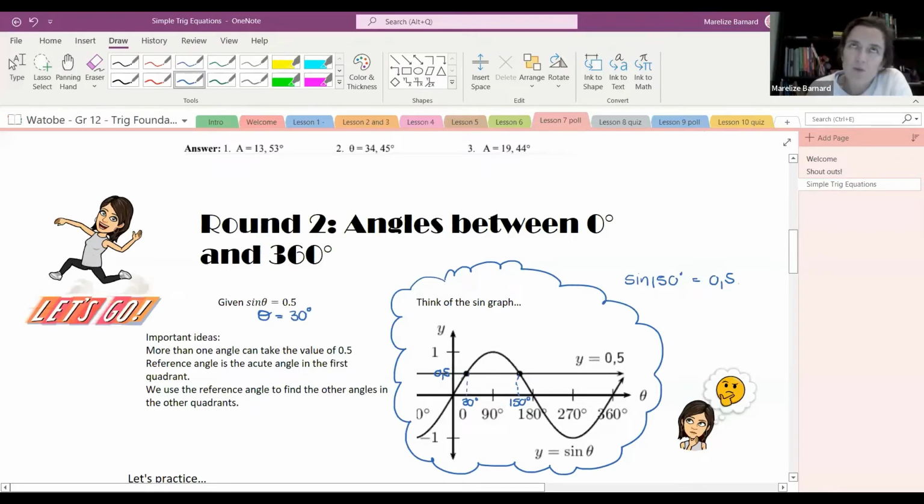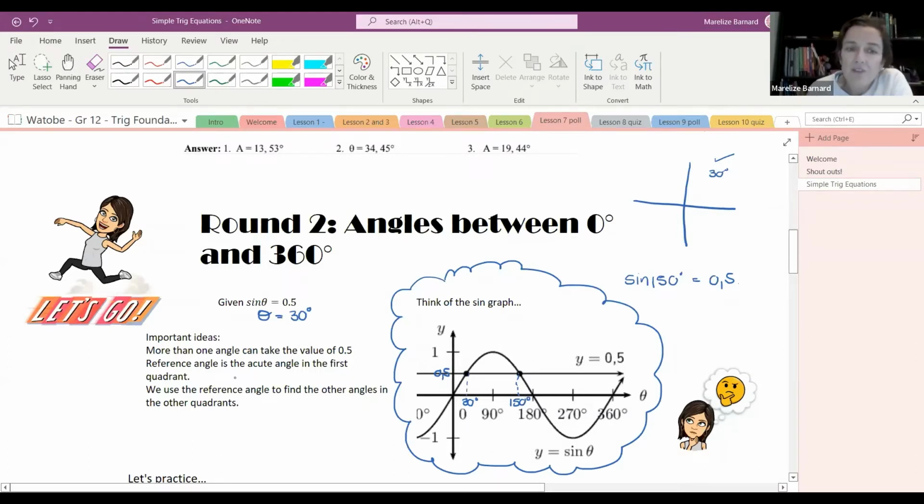Remember a few lessons back, we looked at the quadrants, and I'll draw it here quickly just to remind you, but 30 degrees will definitely be in this quadrant. But there are more than one angle that can equal a half for sine because of the pattern that it makes and the fact that it's a wave and that it repeats.